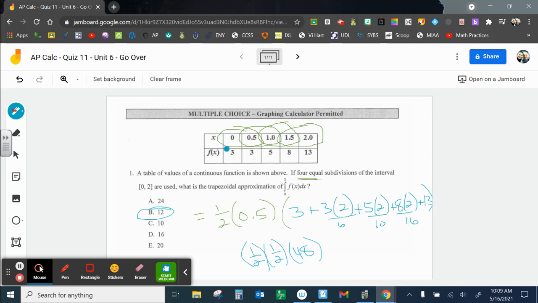Now, if you did it the long way, you would have done, hey, 1/2 and then 3 plus 3, but then you would have done 1/2. And again, all these are, remember, area of a trapezoid is 1/2 sum of the bases times the height. Okay? And now we would have done each one separately, which is fine. Either way. Okay? Sorry about doing number 7 first.